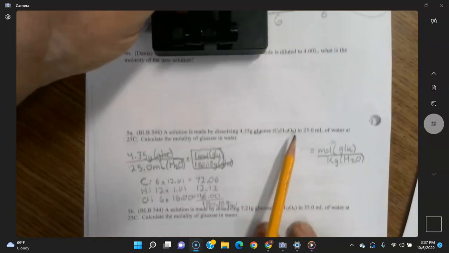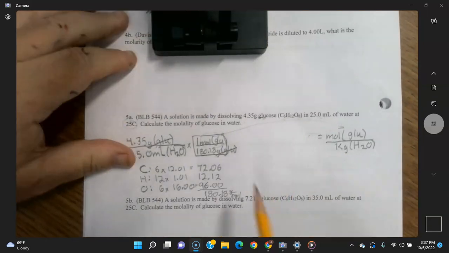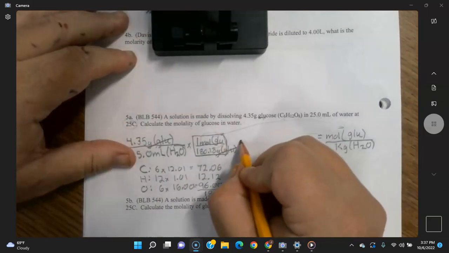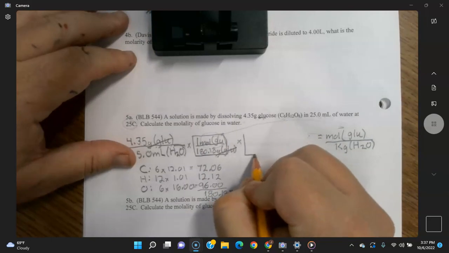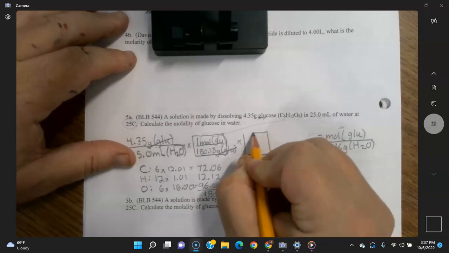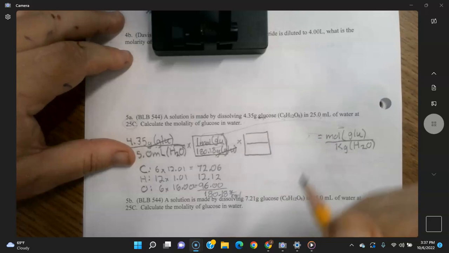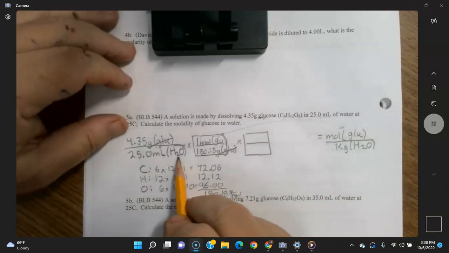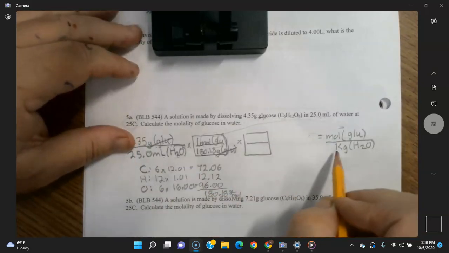So we're going to come back down here and use that conversion. So it's times, and I need milliliters of H2O to go away because I need to get to kilograms.